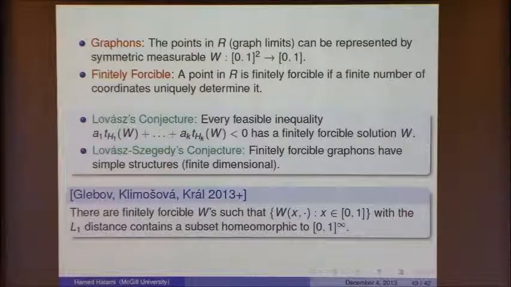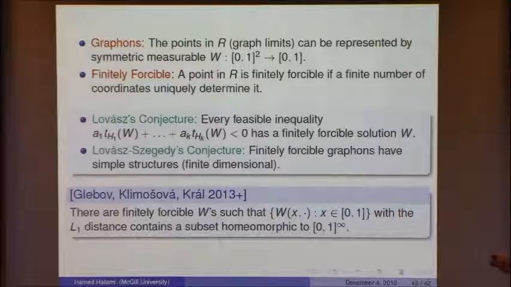Then Sergey Norin, my co-author in this work, constructed d-dimensional finitely forcible graphons for every d, and then these people extended those ideas and actually managed to construct infinite dimension. So this conjecture is refuted. I don't know if there is any other simple structure one might expect.